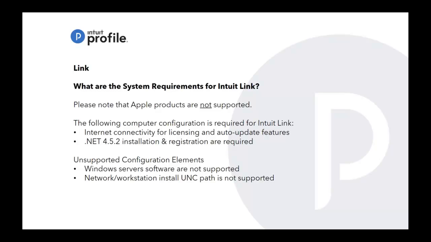The following computer configuration is required. You need internet connectivity for licensing and auto update features. The .NET framework 4.5.2 installation and registration is required. And unsupported configuration elements: Windows Server software is not supported, and network workstation install with the UNC file path is not supported.